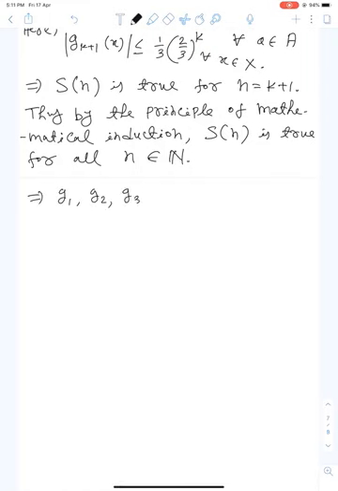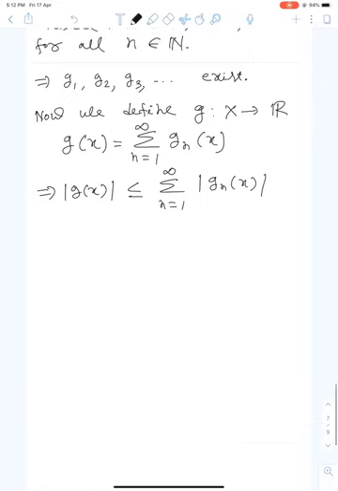Now just check what the domain of g is. That implies |g(x)| is less than or equal to the summation of n equal to 1 to infinity |gn(x)|. Now what is my gn(x)?